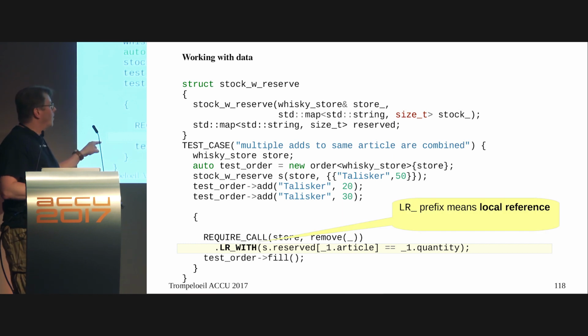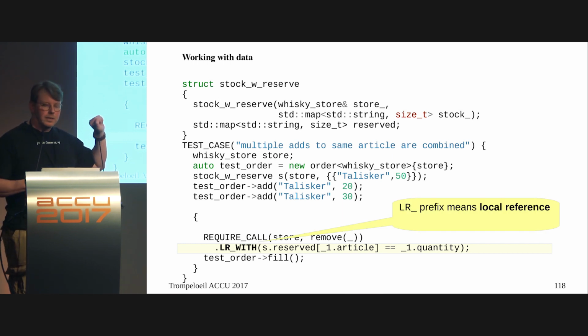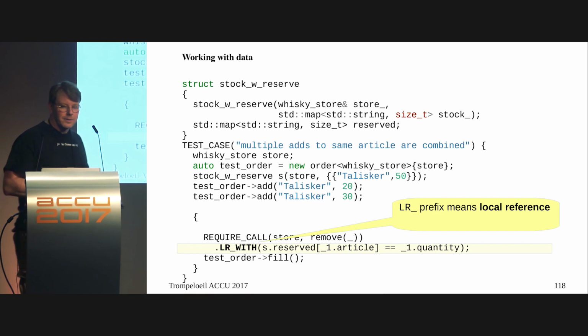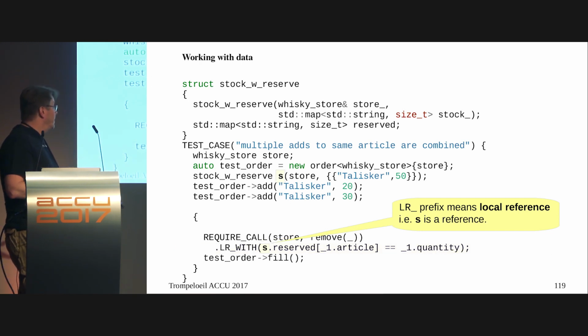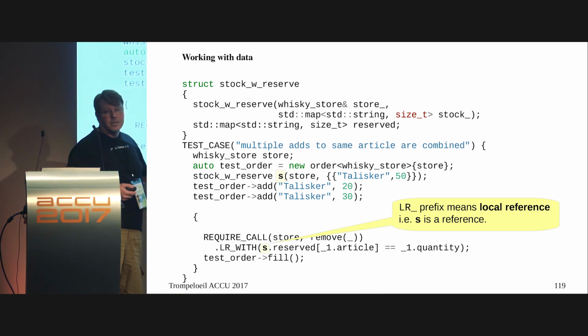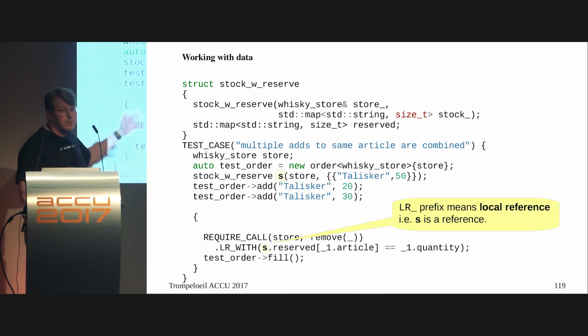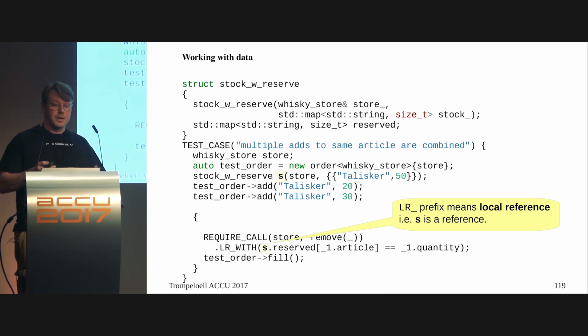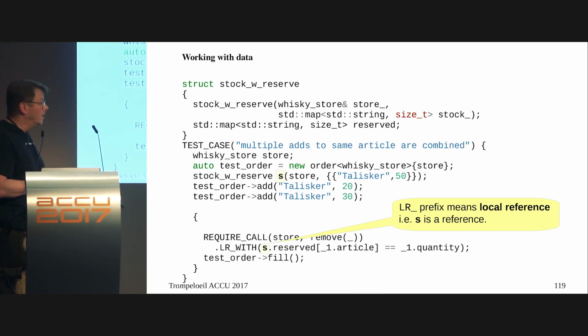Now this LR thing is an ugly, ugly, ugly construction, and that is very intentional. LR means local prefix, and that is a visual warning to beware of lifetime issues, because that means that this name S here, that is a local variable, is accessed by reference. It's not a copy.